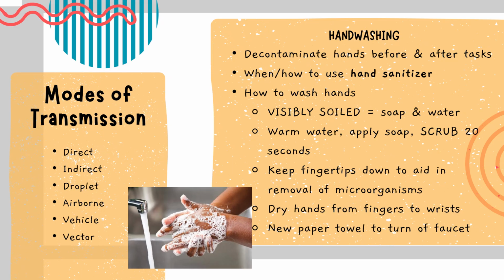Then you go into airborne transmission. These particles in the air are even tinier, typically less than 5 microns. Because they're so tiny, they can stay suspended in the air for a long period of time.